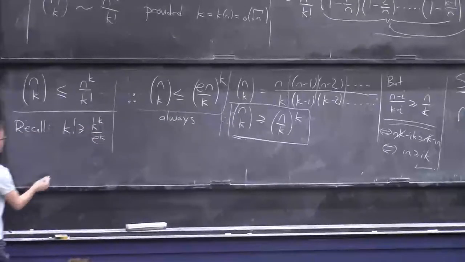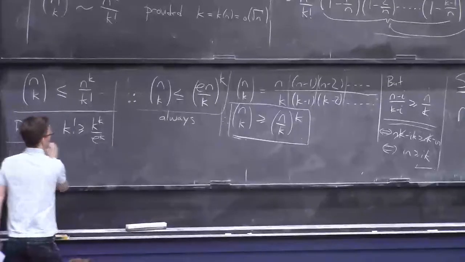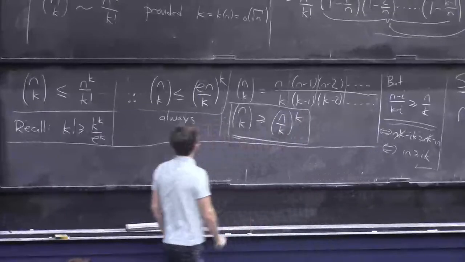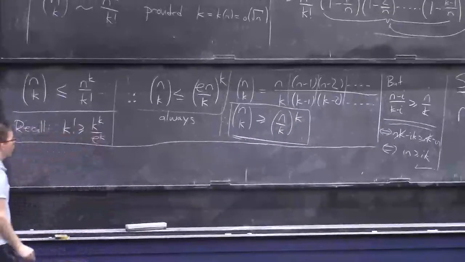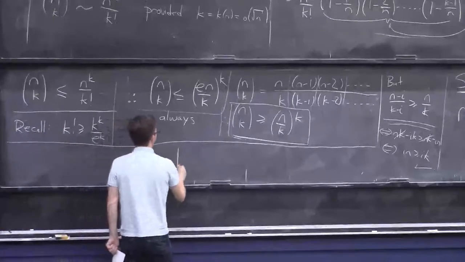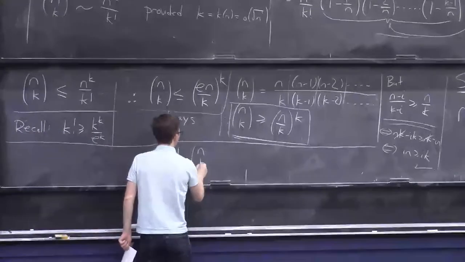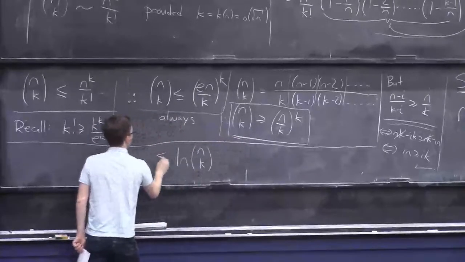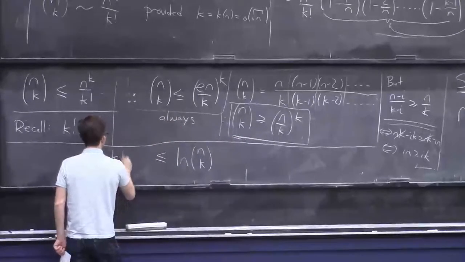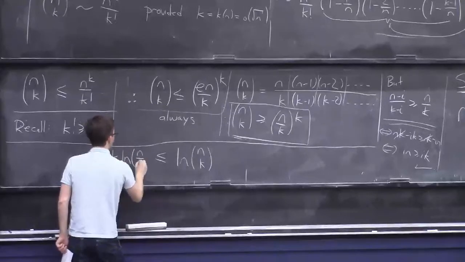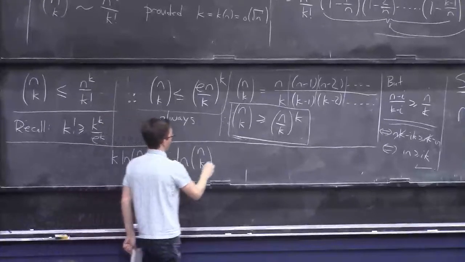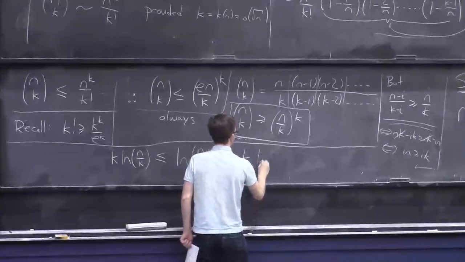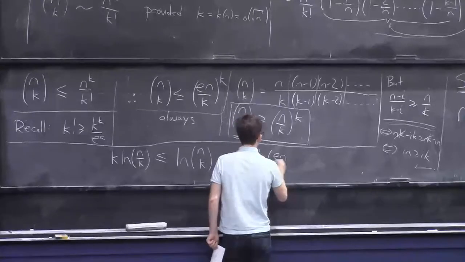Let me, in fact, end this little elementary segment by taking the log of everything. So let me take the log of n choose k. OK, I'll take the log of this for my lower bound. It's at least k times ln(n over k). And it's at most k times ln(en over k).